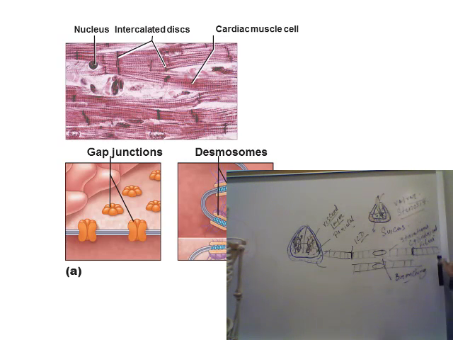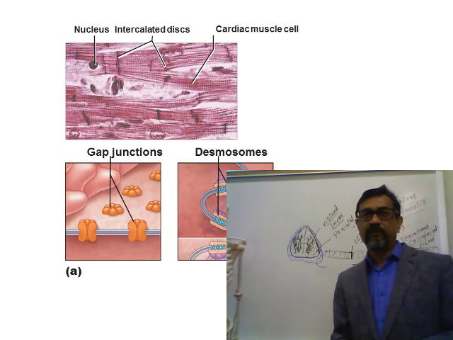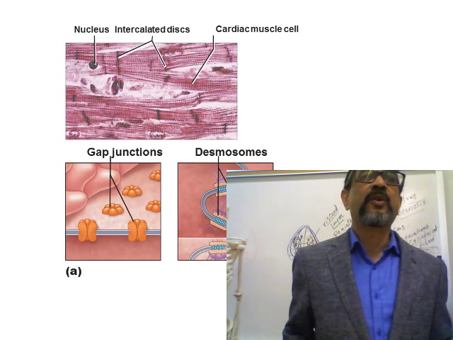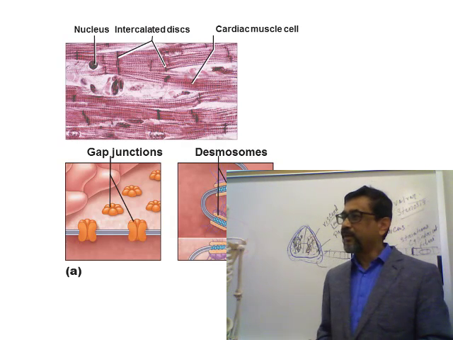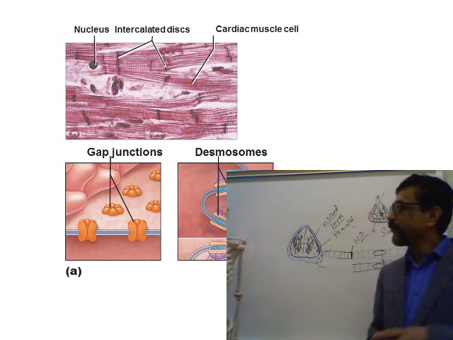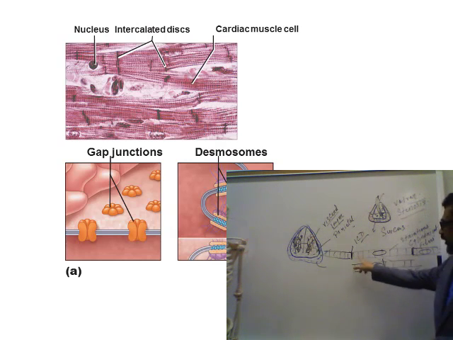You must remember in NP1 we talked about three types of intercellular junctions. Tight junctions, remember that? Gap junctions and desmosomes. Did you hear those? Anybody? Some memory? Tight junctions, gap junctions, and what?